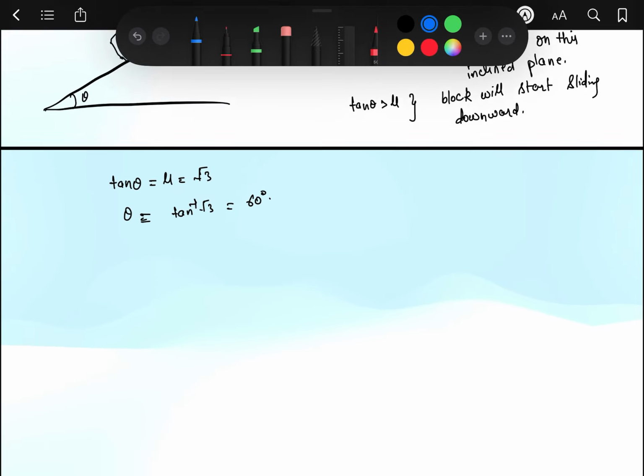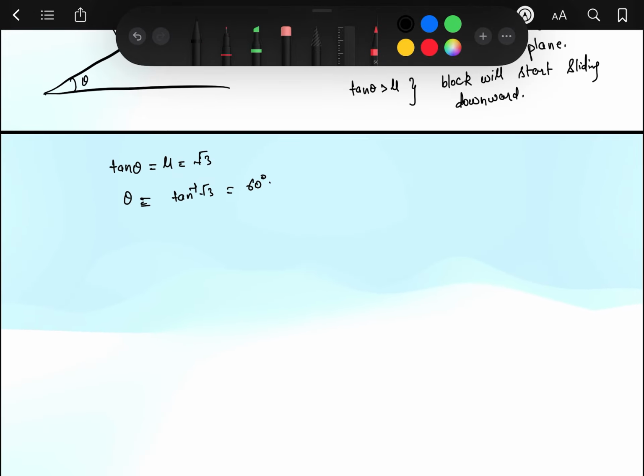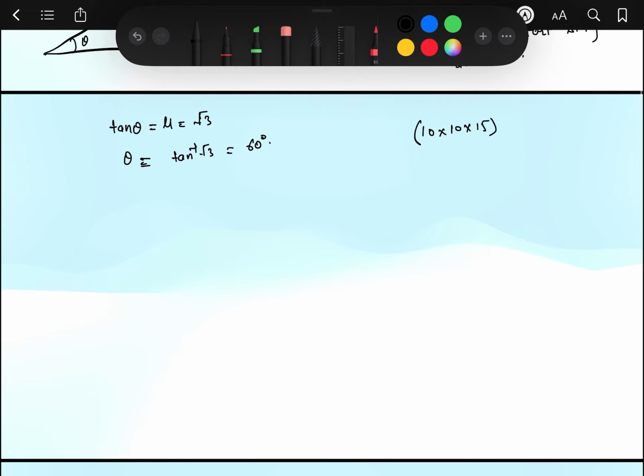But here another condition is also given, that the dimensions of the block are 10 cross 15 centimeter. So another condition can be applied, whether the block will topple or not. For this case, let us assume this is theta dash.